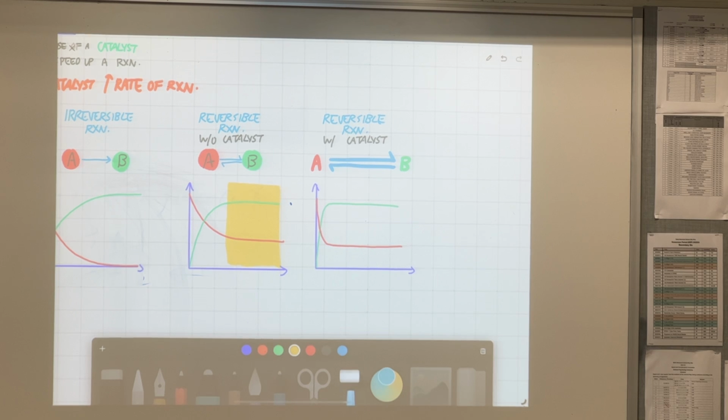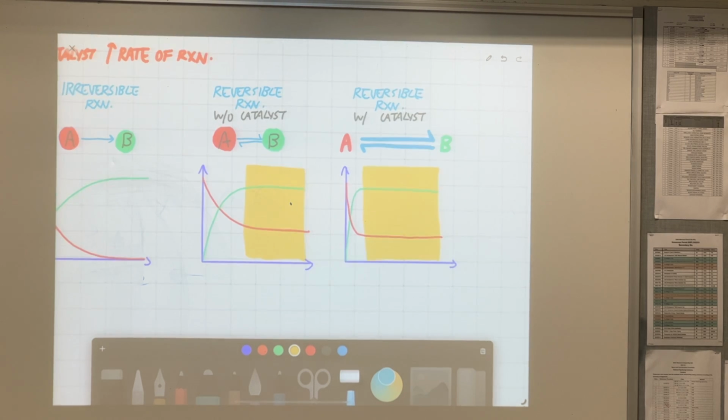This is what I need you to draw in the first line. Just the first line. So write down: the catalyst increases the rate of forward and backward reaction equally.